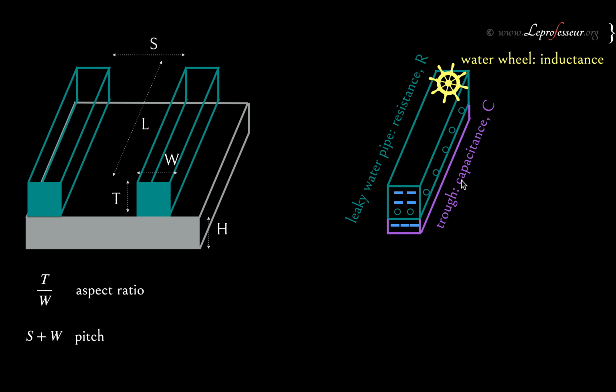And the water wheel rotating, where the current fields are meeting at that end, is somewhat analogous to electrical inductance. So the electric current flow is analogous to the water flow through the leaky water pipe. We can call it the wires water pipe analogy.